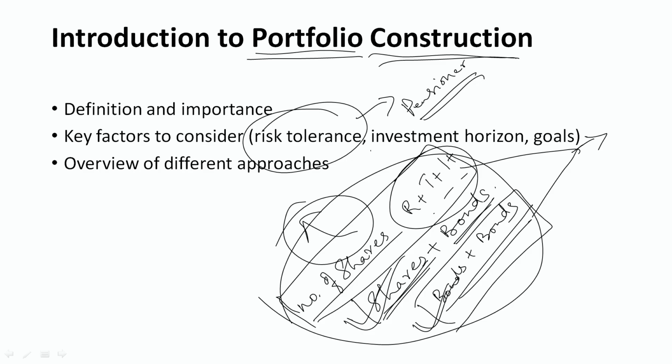And the second important criterion is the investment horizon. What is the actual time period for which I am trying to do the investment? If it is a situation where there is economic turmoil, then it is always better not to take high risk, because certain things are not in the hands of investors.